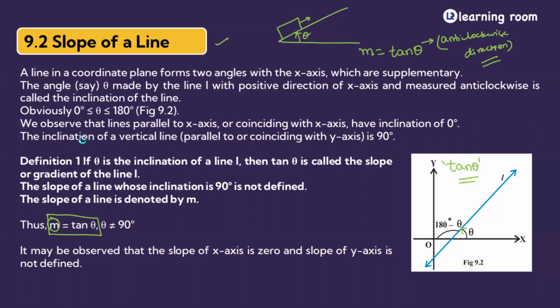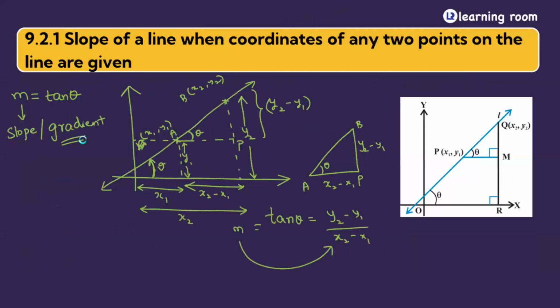That anti-clockwise symbol. Clear with this? Those who are online, am I clear? Yes, sir. Okay, we hope you're writing it. Please make a note of it. I already dictated the statement. Okay, so slope of a line is denoted by m and m is equal to tan theta. Right. Now write down this thing.